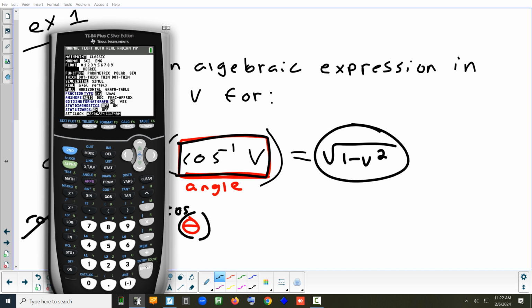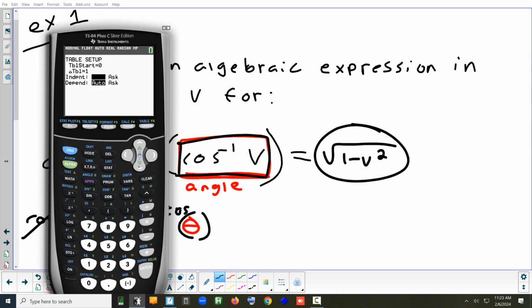Okay, make sure you are in radians. Okay, there's the original. And I don't know if you saw it, that was the new one. Did they trace right on top of each other? Yeah, then they're the same thing. It doesn't prove they're the same thing, but we did it algebraically, so we know they're the same thing. The other thing you can do is go to your table.